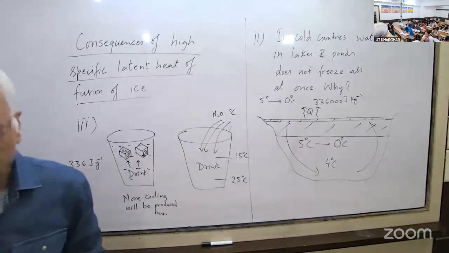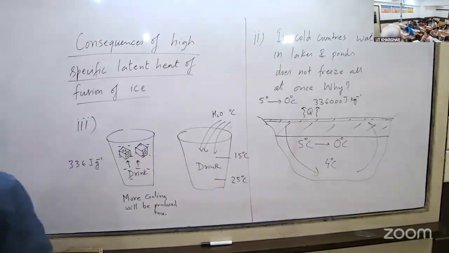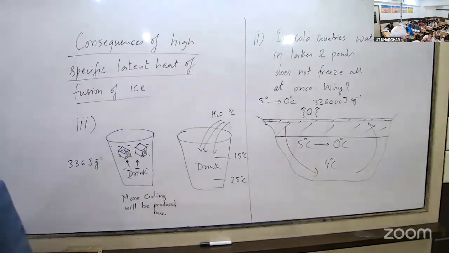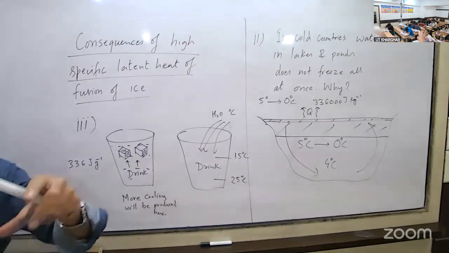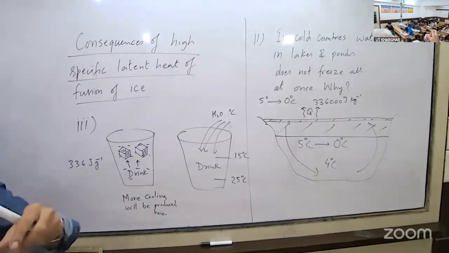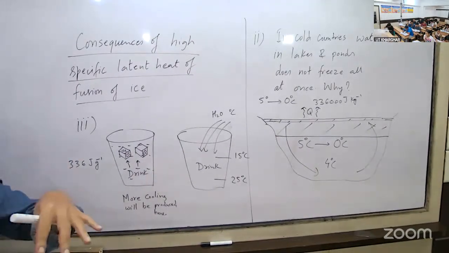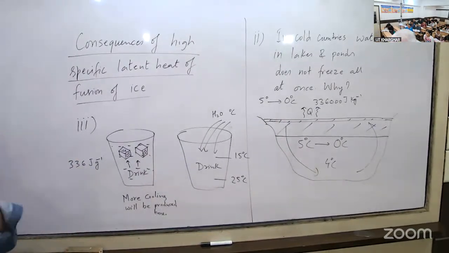The fifth one is the same thing. Fourth and fifth are the same, except instead of snow it is a hailstorm, where you get hard ice pieces. When the ice melts, again a lot of heat will be absorbed from the atmosphere.